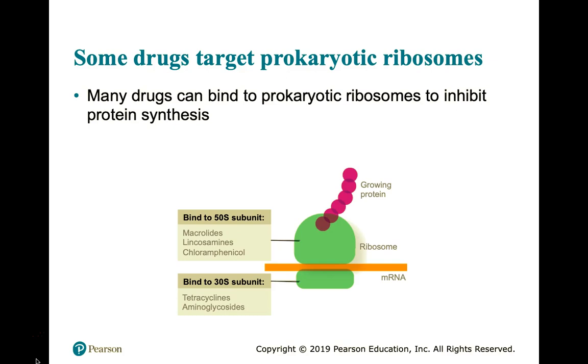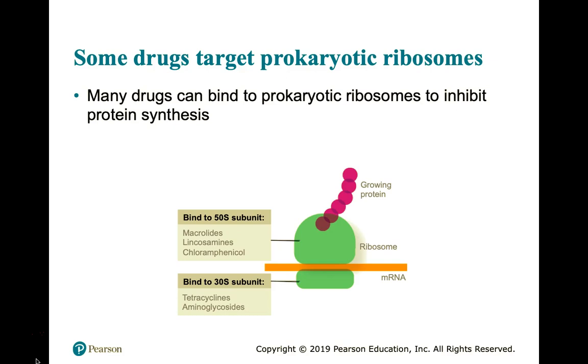So some drugs can target the ribosome and prevent it from creating a functional protein. When we talked about this, we talked about the fact that there are structurally two components to a ribosome, a large subunit and a small subunit. Depending upon the antibiotic you give, it will attack one subunit or the other.